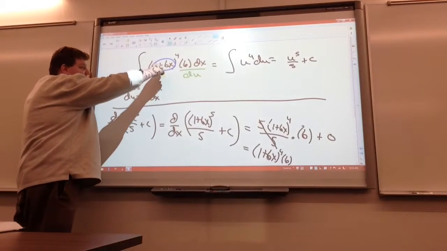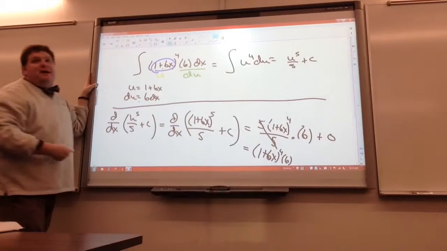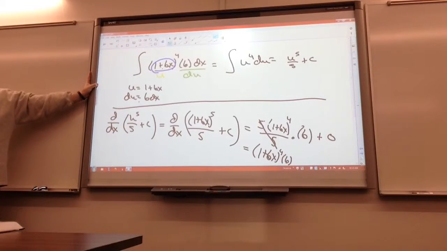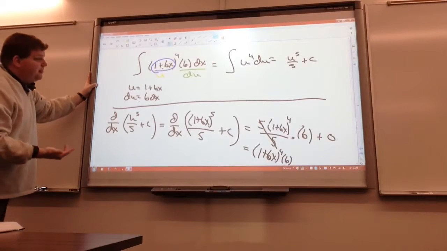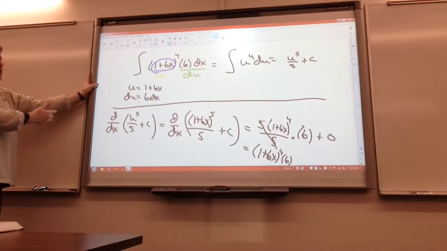No, I have to actually take the derivative of this first to figure out what du is, and then see if I have it in my problem. If I don't have it, I have to see if I can put it in, and if I can't put it in, then I can't use substitution here. Which happens. They look like you can use substitution, they really can't. Any questions on the methods I used here?